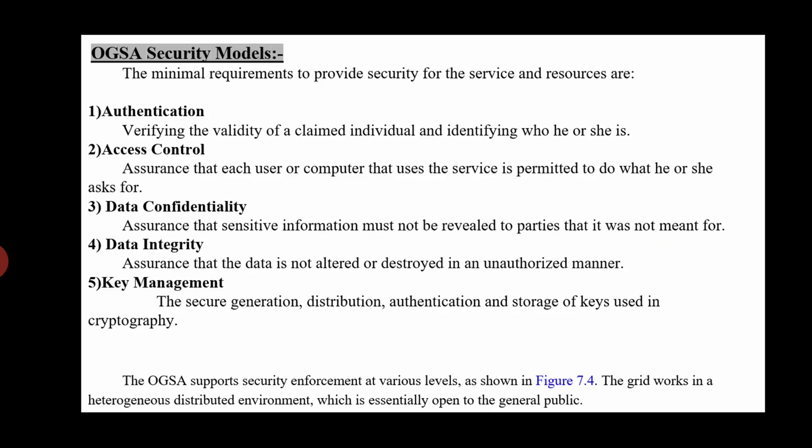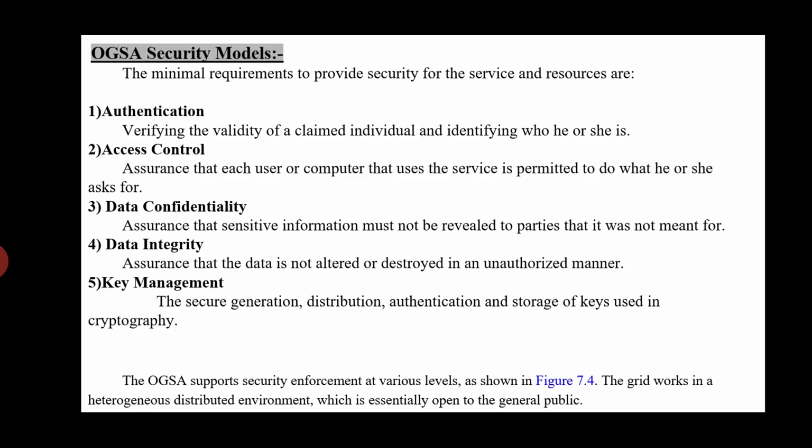Coming to data integrity, what exactly does it mean? It is assurance that the data is not altered or destroyed in an unauthorized manner.